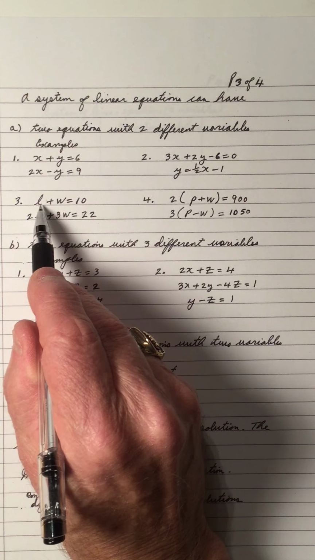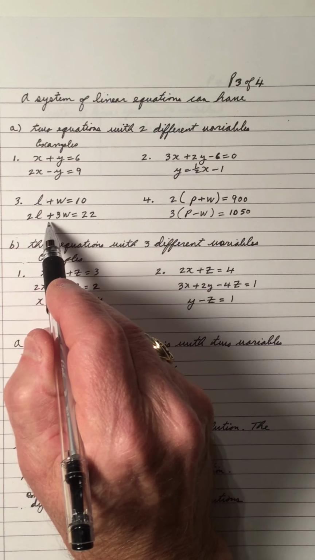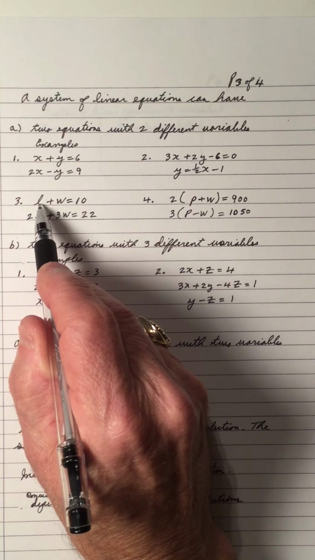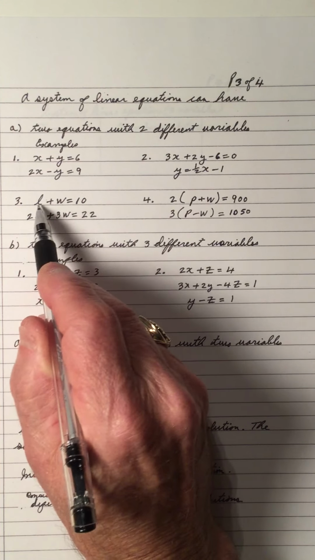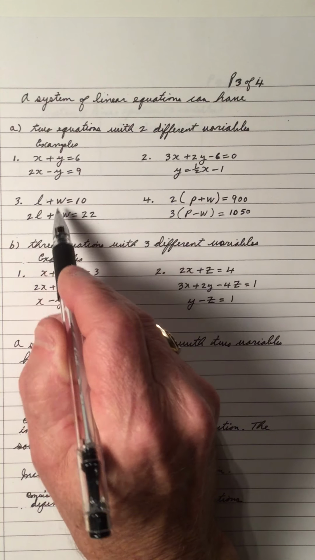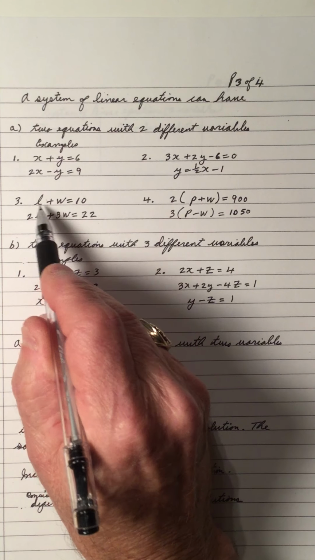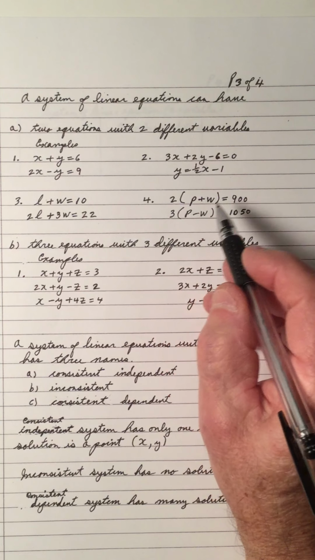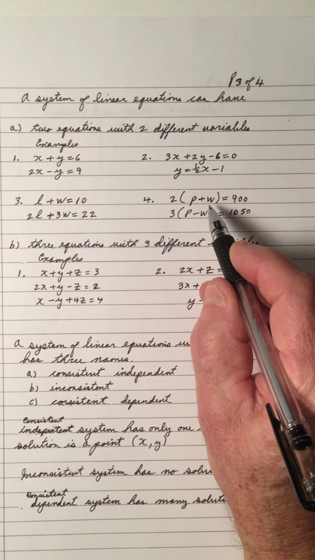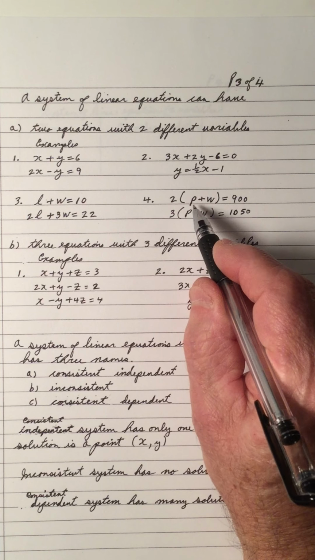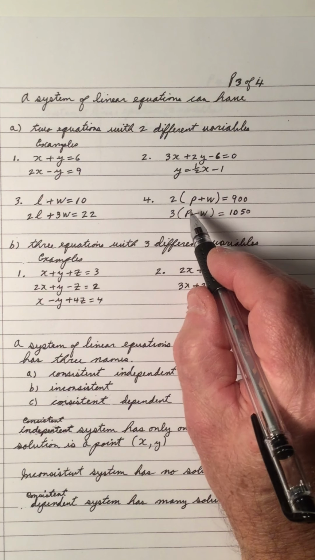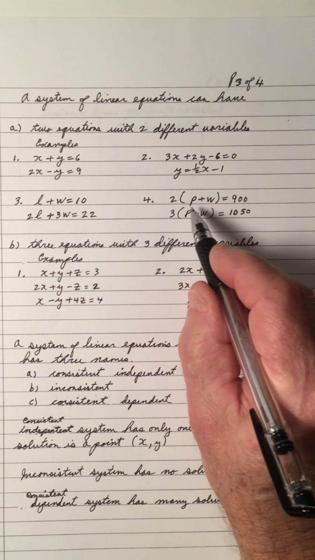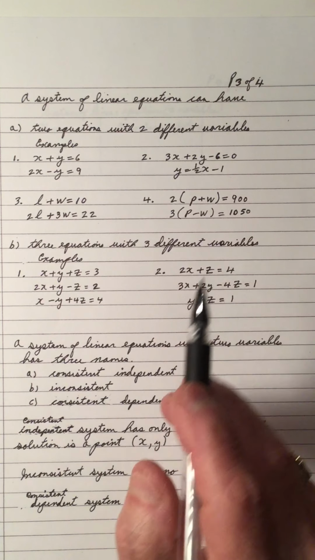Number 3, we have two equations, but with different variables; this is like length and width in rectangles. So two variables, L and W, two different equations. And the same here, you have P and W. P could be for plane, W could be for wind, and we've got two different equations and two different variables.